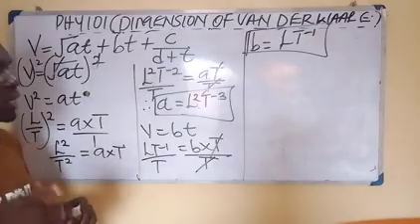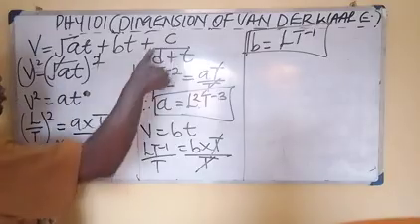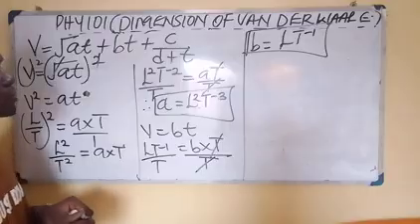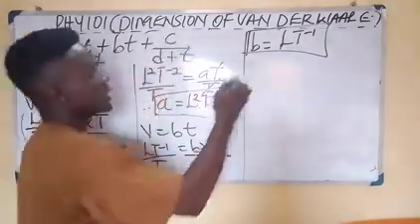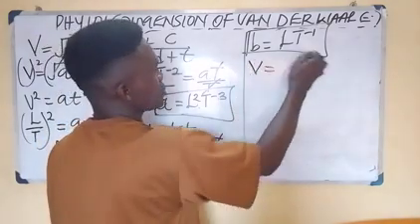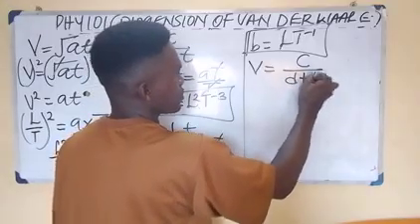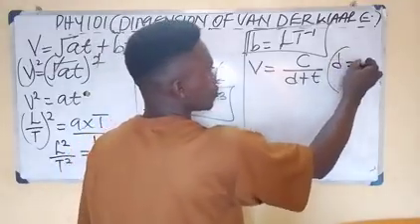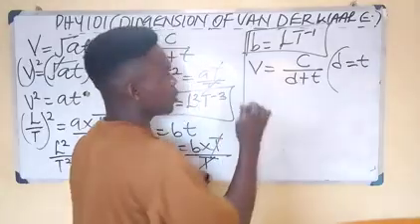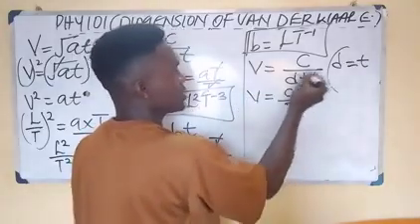Extremely easy. Okay, now if that has been established, we'll go into deducing for what? C. Deducing for C. That is, we are going to be comparing this with the whole of this equation. That is V is equal to C over D plus t. And I told you if we are having something like this, it means that D is equal to t. Therefore, V is equal to C over t. Everything here becomes what?